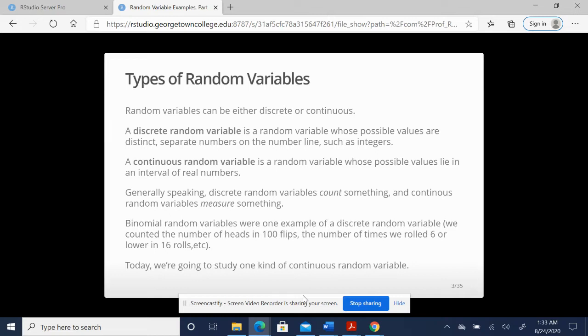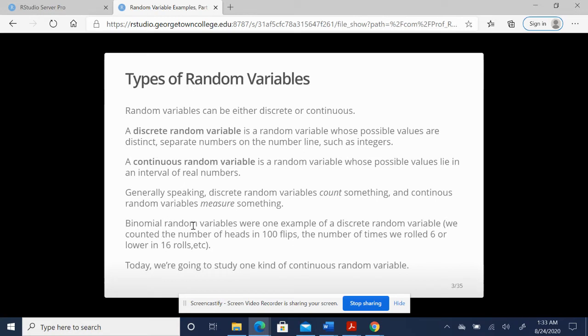A continuous random variable is a random variable whose possible values lie in an interval of real numbers. If you want to put that out of math language and into general terms, discrete random variables count things and continuous variables are usually measuring things.